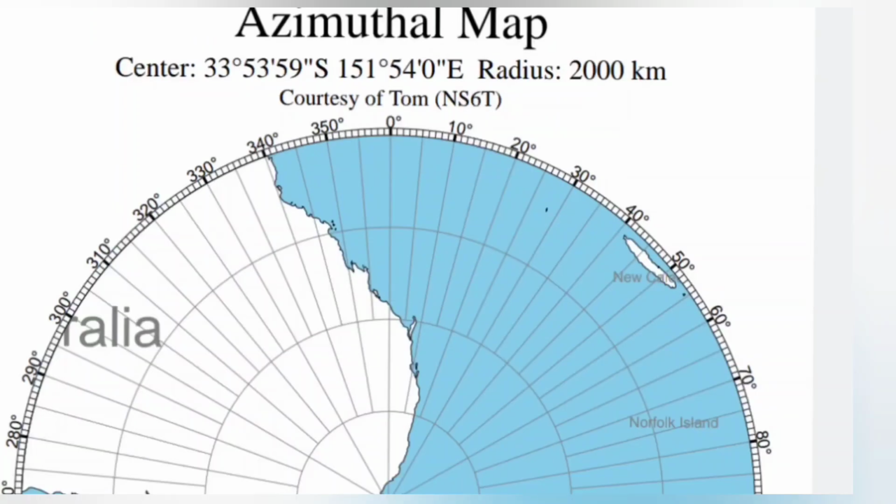But let's bring it down to 2,000 kilometers from the center. And there you see New Zealand just barely poking in at 2,000 kilometers. So there's your distance on the AE map on a flat plane. It's more like 2,000 kilometers, or just a little bit more than 2,000 kilometers, because from the center to the edge is 2,000 kilometers, Bob.